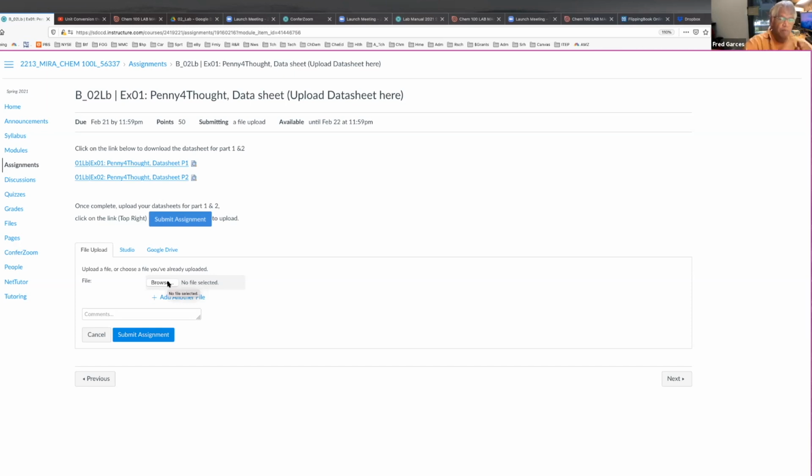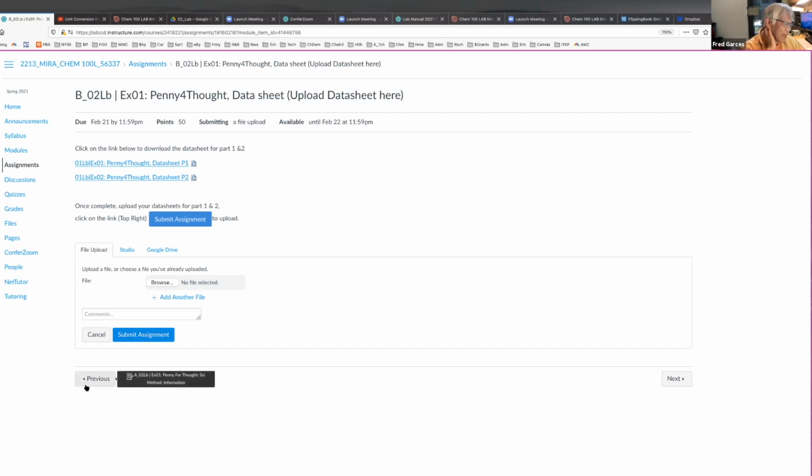Take a picture, upload it to your computer, and look for it. When you browse for it, upload it with the photos, and then submit it. If you're not ready to turn it in, then don't click submit. Just have everything ready, and when you are ready to turn everything in, this is the page where you will do so. Are there any questions on that?